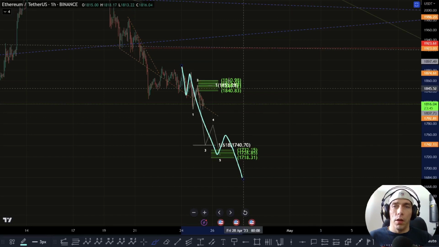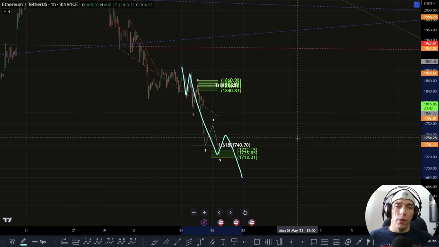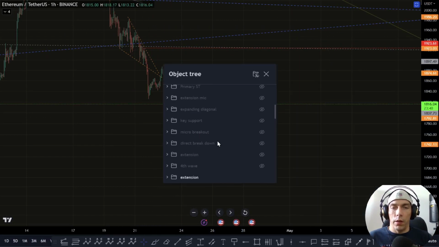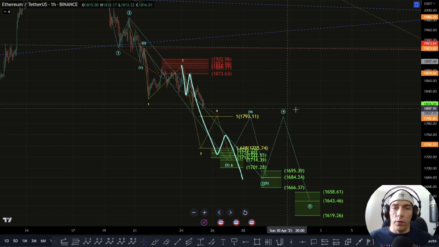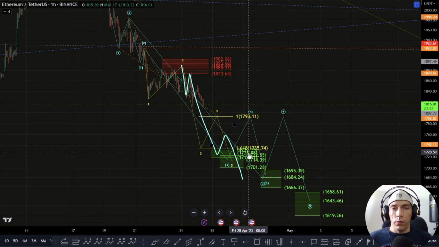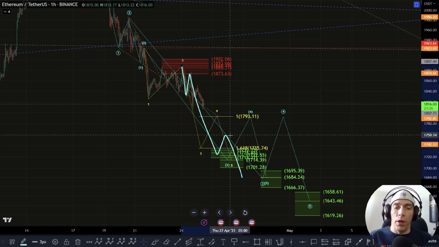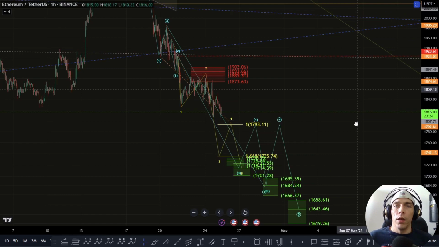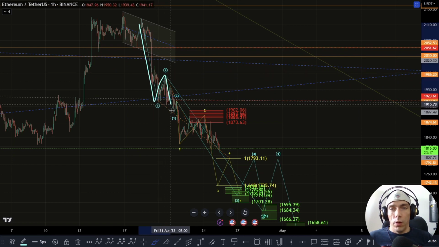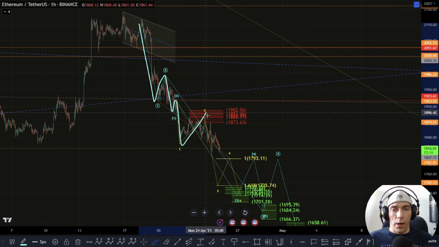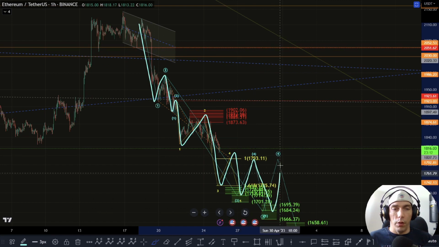If that's the case, we'd have to be a little bit careful because this could tie into that idea of having extension within these waves. And we were talking about this previously, saying, if we break down towards this zone of this 1735 area, potentially this could then mean that we have a bigger breakdown playing out here, where instead of counting this as a third wave here, we're looking at this potentially as another 1-2, a 1-2 here, 1-2, and then we're starting to break down for that bigger third wave.